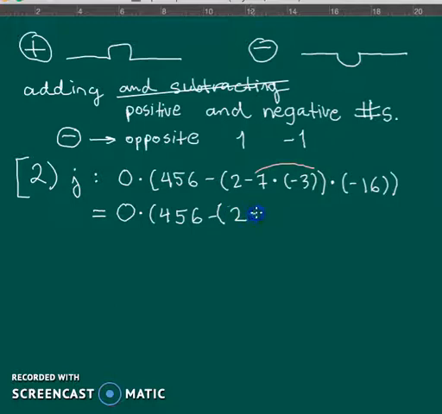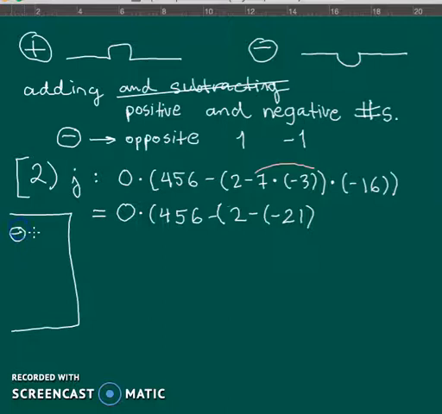2 minus, okay, so 7 times negative 3, that is negative 21. And if you need a refresher, I'm just going to write it on the side here.